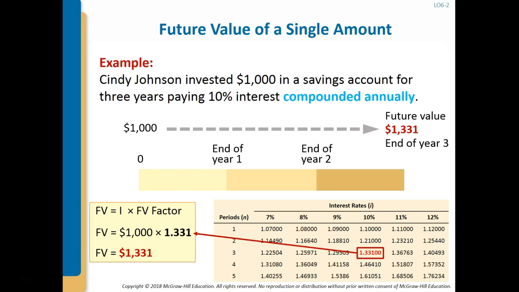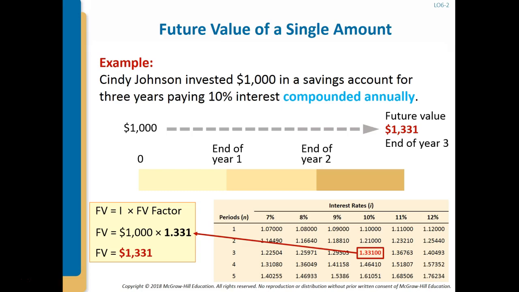The future value after 1 year can be calculated as 1,000 times 1.1, which equals $1,100. And after 3 years, the future value is 1,000 times 1.1 times 1.1 times 1.1, which is our $1,331.